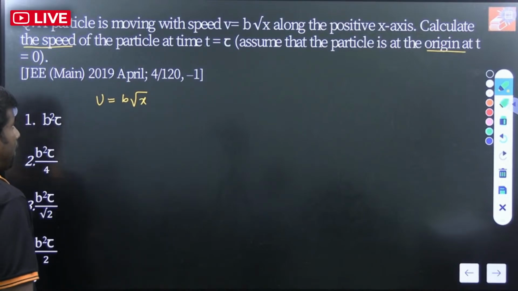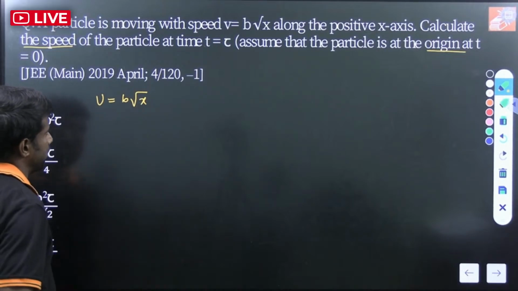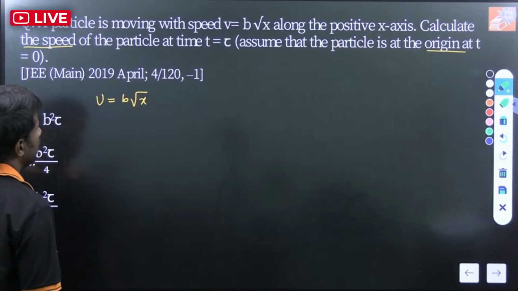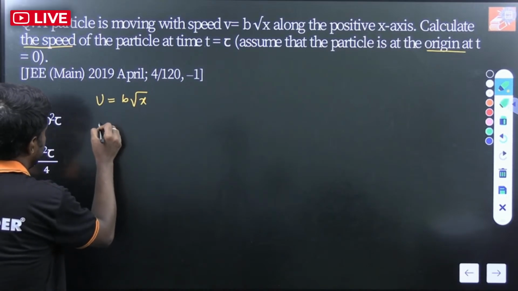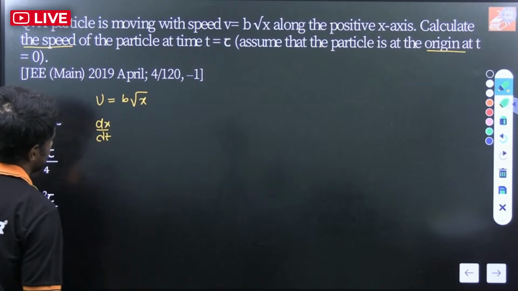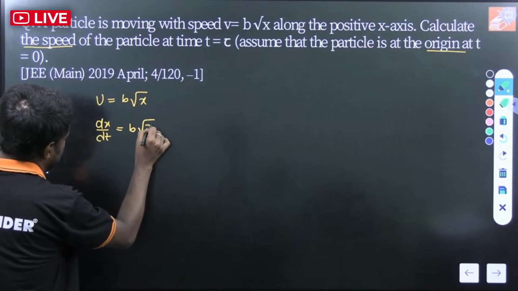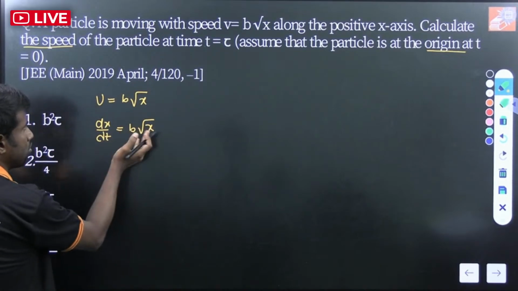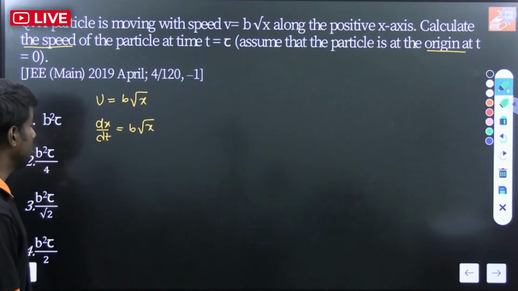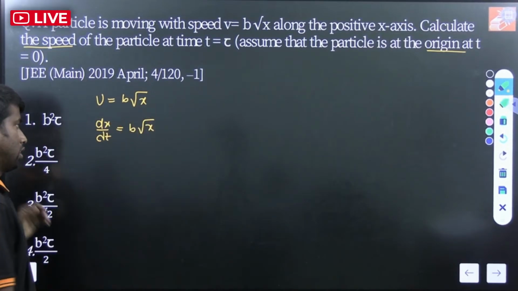So we can write v, the velocity, and x, the displacement: dx by dt equal to b root x. As in the previous question, the x part will be on one side and the t part on the other side.